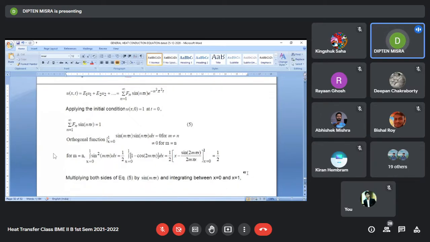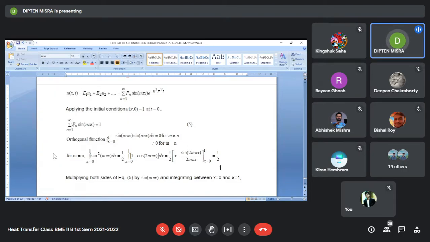Now what we do is this. Suppose this is equal to f1 into sine 1 pi x plus f2 into sine 2 pi x plus f3 into sine 3 pi x, like that goes on, and that is equal to 1.